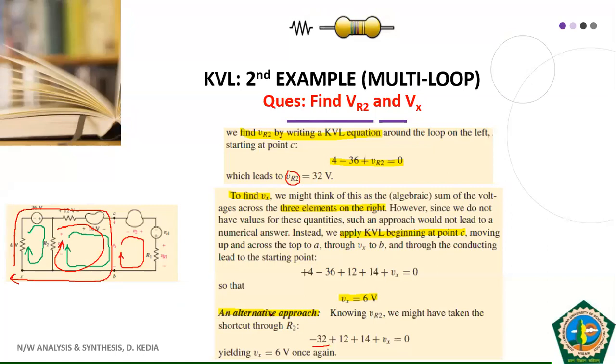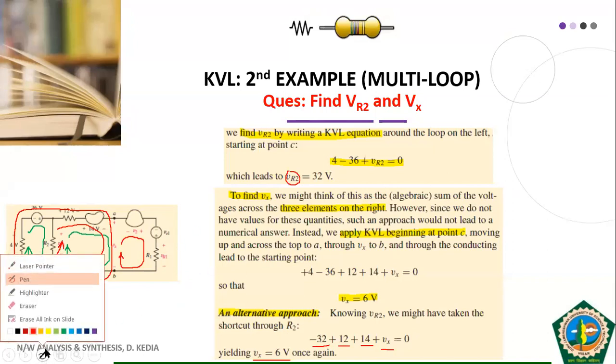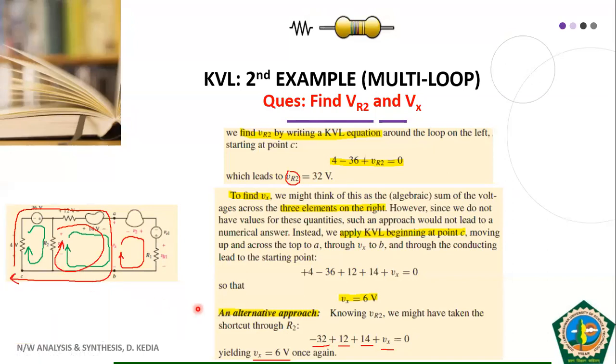Then we move to plus 12 volt, then plus 14 volt. Then we enter into plus Vx, and the algebraic sum of voltages is 0. You'll be able to find out Vx equal to 6 volt. So this is your second example related to multiple loops. Okay, now let us move forward.